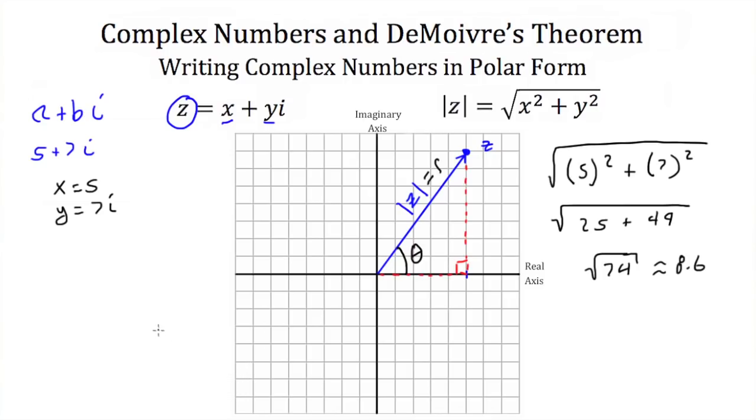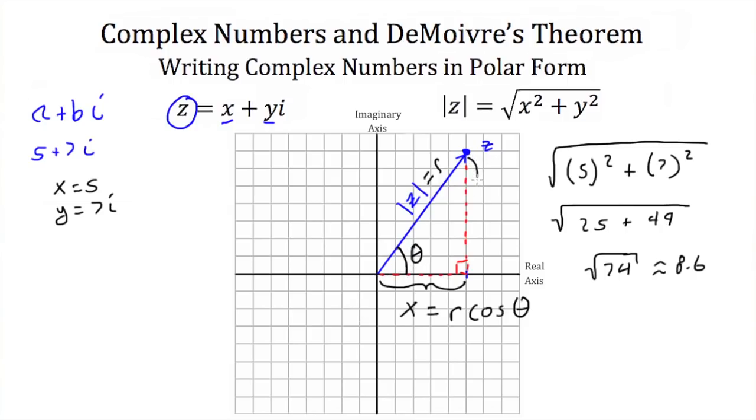Remember, when you convert from rectangular to polar coordinates, this x value here is always equal to r times the cosine of theta, our hypotenuse length times the cosine of this angle.